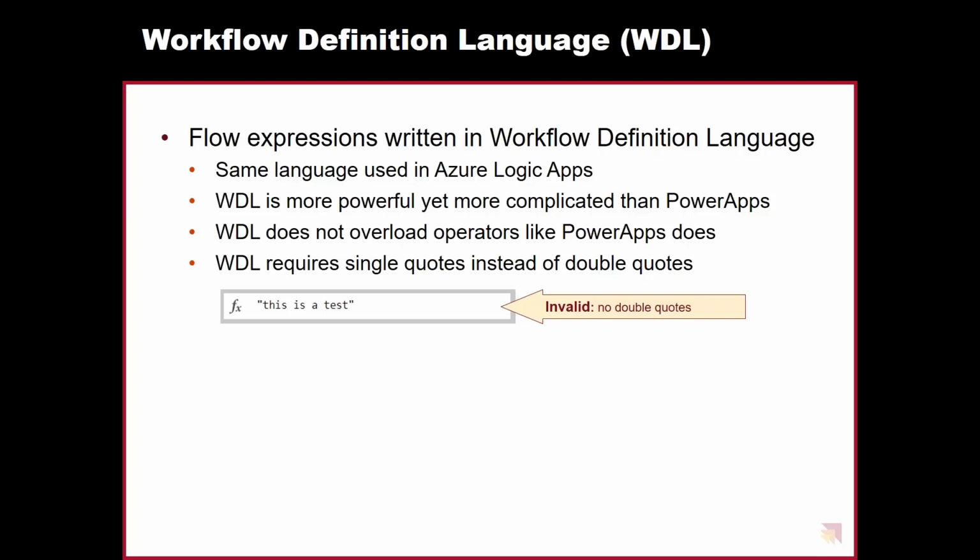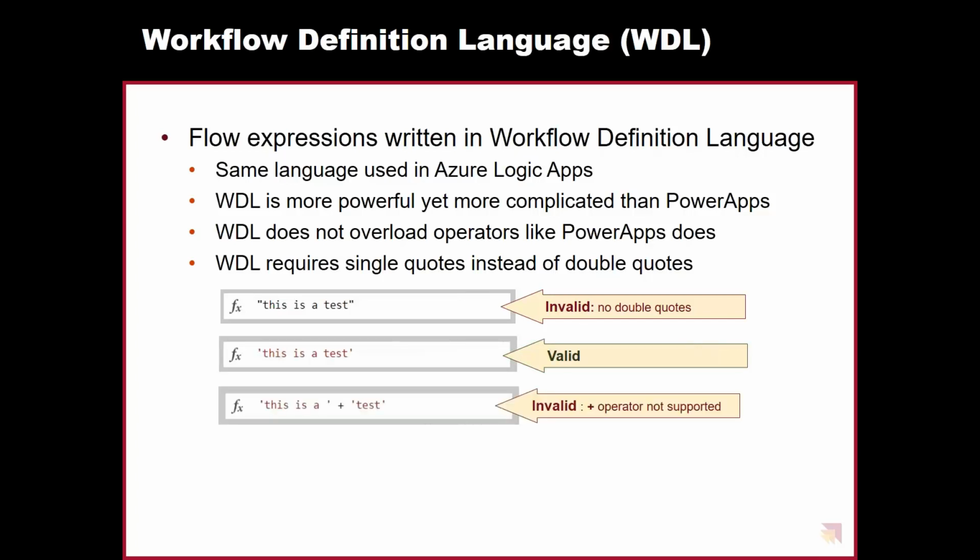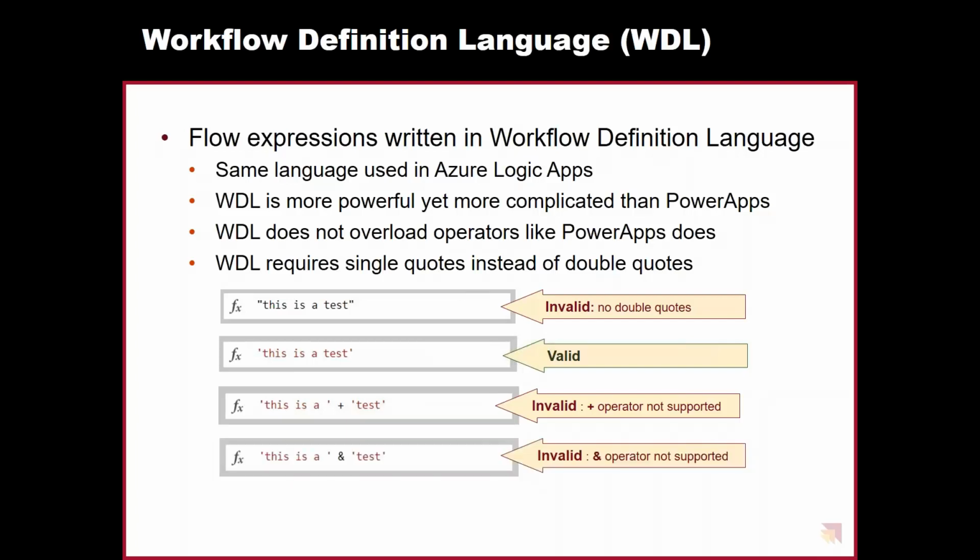Now, as we start writing expressions, you're going to find it's very finicky. First mistake, don't ever use a double quote. That is not allowed in WDL. Single quotes are valid. The other problem is you're used to operators. So you have one string and then you say plus another string, and that doesn't work. You say, oh, am I in C# or VB? Let's use the ampersand. That doesn't work either.